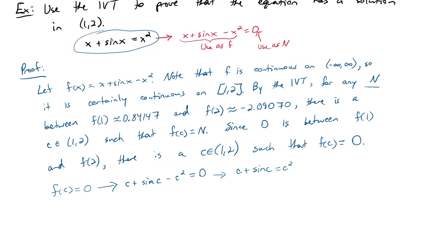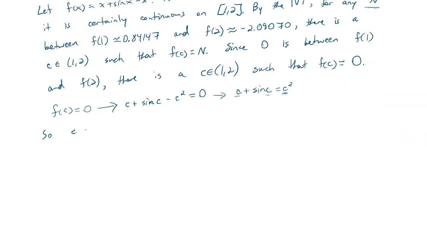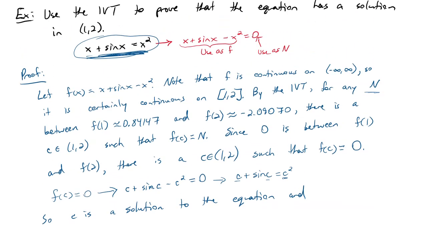What is that telling us? That means that c is a solution to the equation. So c is a solution, again, often called a root as well, to the equation. And what are we trying to prove?